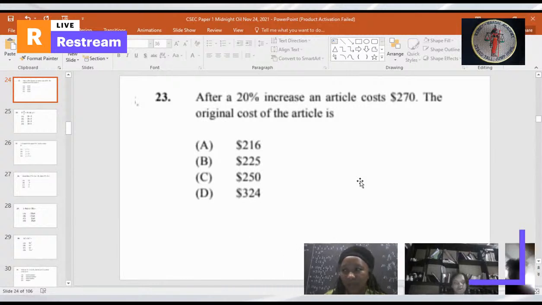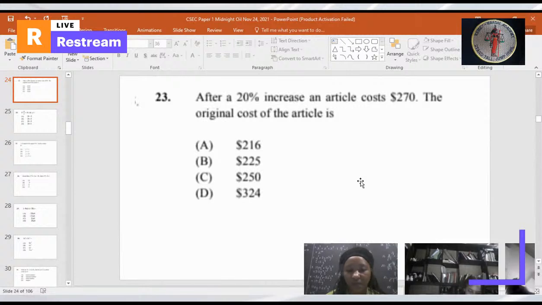No, miss, the formula is 100 divided by 100 plus the percentage. So 270 times 100 divided by 100 plus 20, since it's an increase.